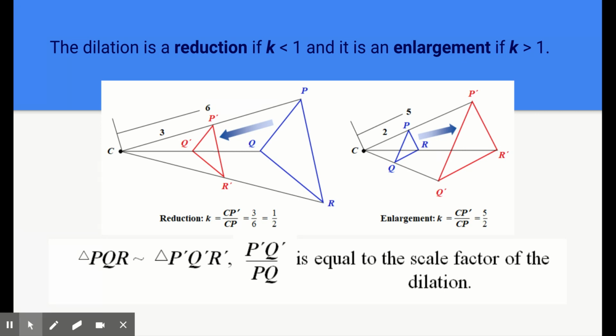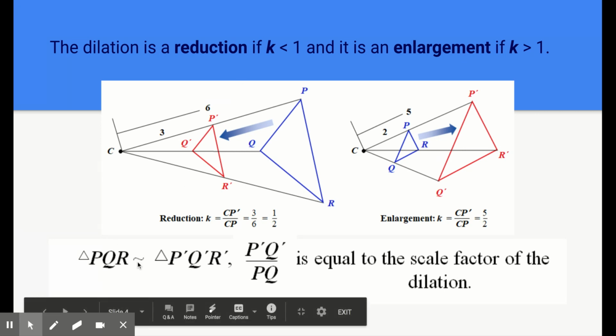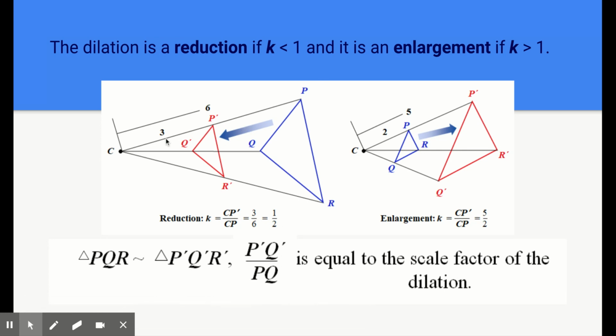So let's look at what we have here. We have PQR is congruent to P apostrophe Q apostrophe R apostrophe. And so if I look over here, see all of that right there? And look over here, right?